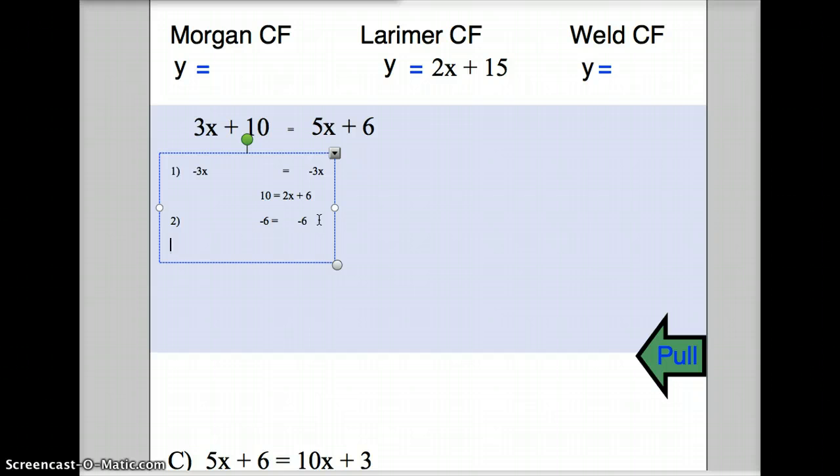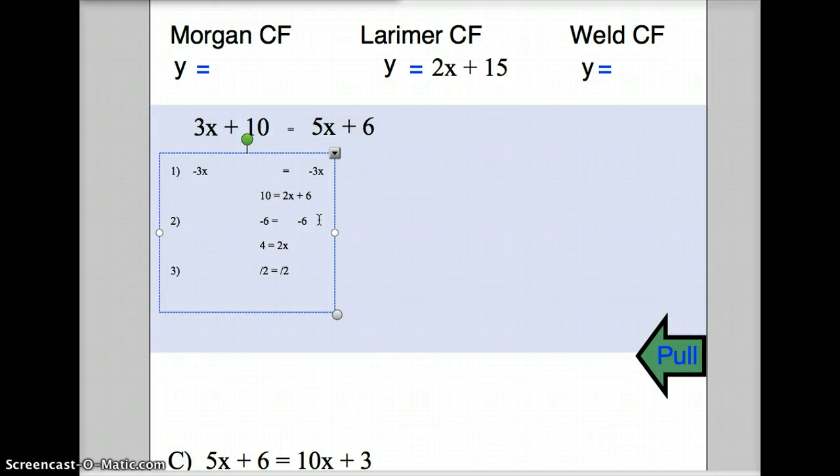When I do that, I've got 4 left over on this side, and I've got 2x left over on this side. Well, I'm not quite done. There's a third step on this one that wasn't on the other one. Remember, the other one just had a 1x, and so I was done at this point. This time I have 2 x's. So I need to divide by 2 on both sides.